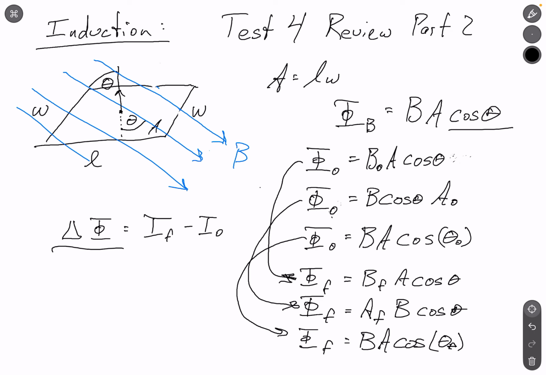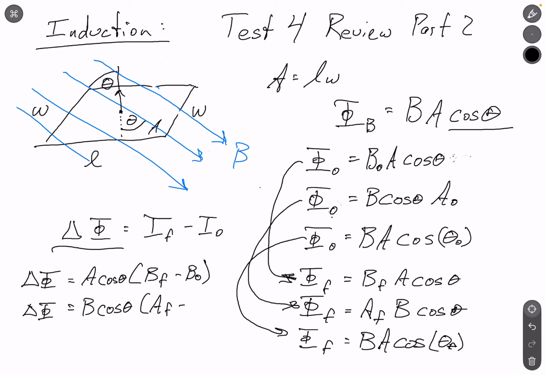So now there are three different ways, right? So delta phi, our delta flux, could be equal to our first case. So our first case is A cosine theta, B final minus B initial. Delta phi, delta flux, could be our B field times cosine times A final minus A initial.